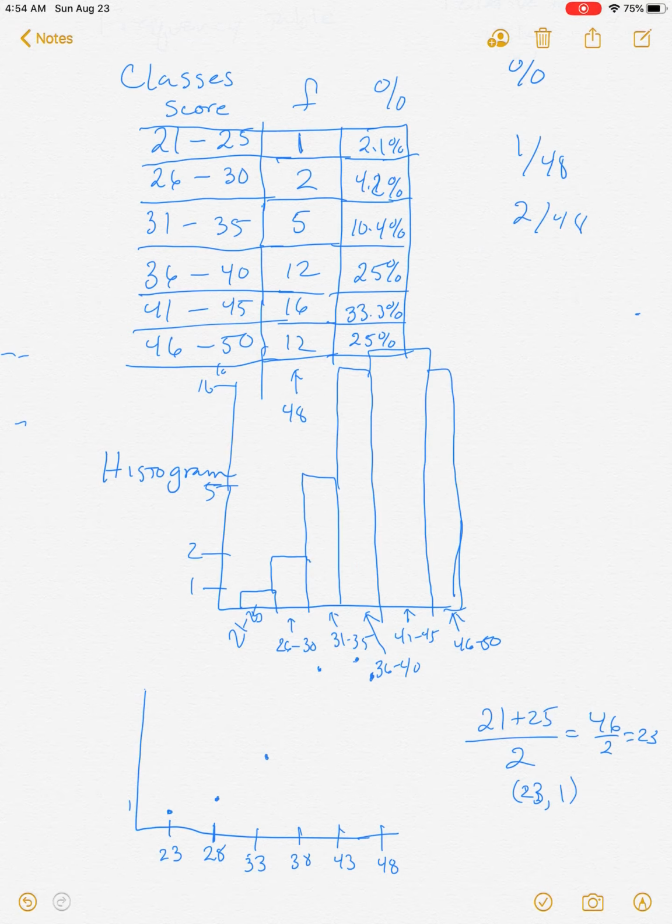And what happens is we connect the dots in those frequency polygons. We're going to start right here at the 23 and go up, up, up, and you're just basically doing a dot connection to each one of those dots.